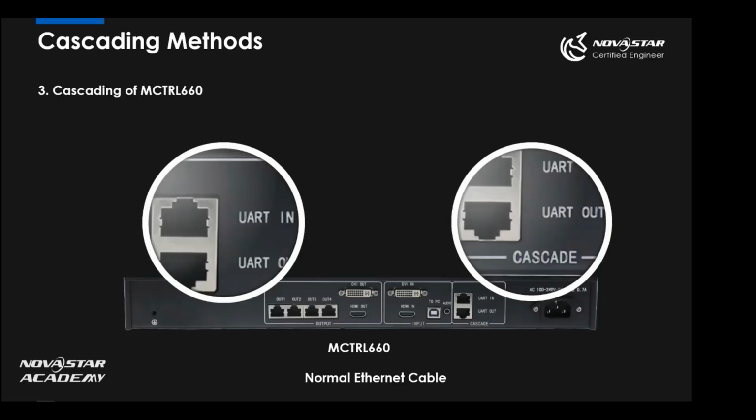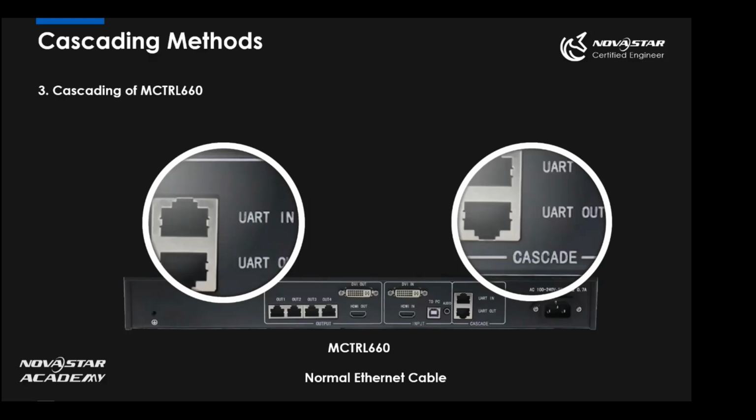So at this time, we start to use the Ethernet cable to do the cascading. It's easy for us to find the Ethernet cable. So we use the Ethernet cable to do the cascading. The connection is the same, from the out to the in.